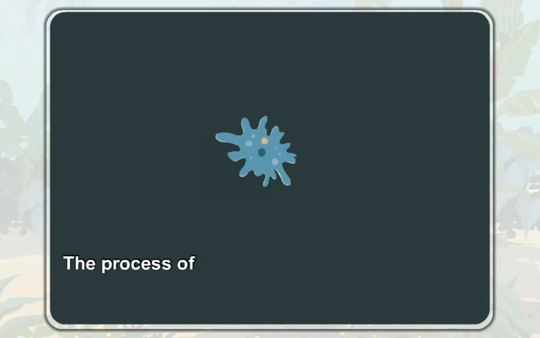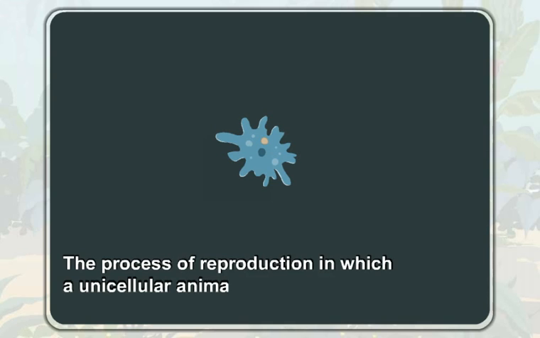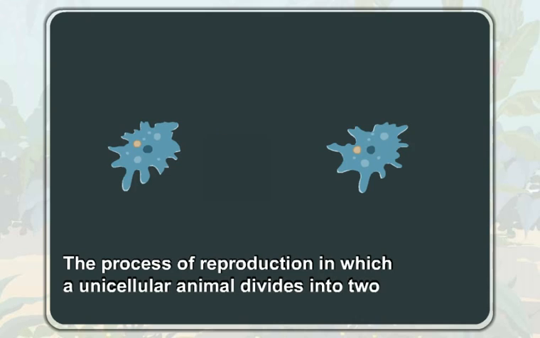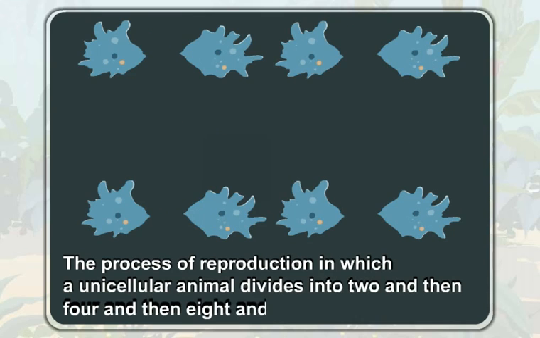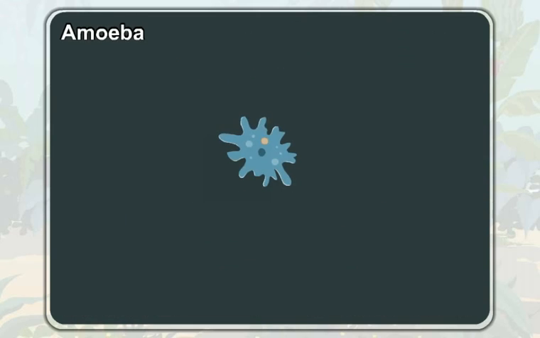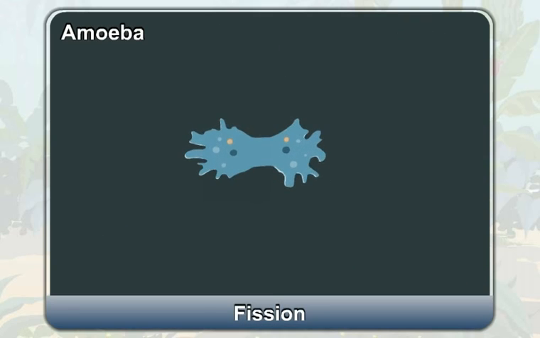The process of reproduction in which a unicellular animal divides into 2 and then 4 and then 8 and so on is called fission. So, an amoeba reproduces by a process known as fission.